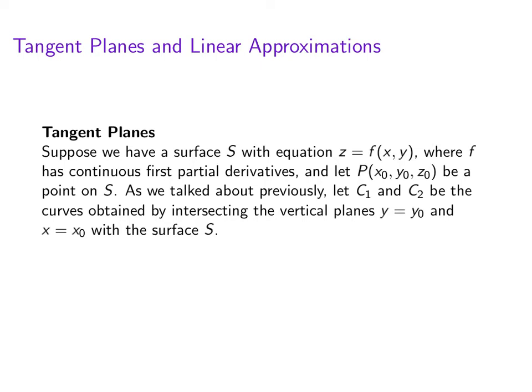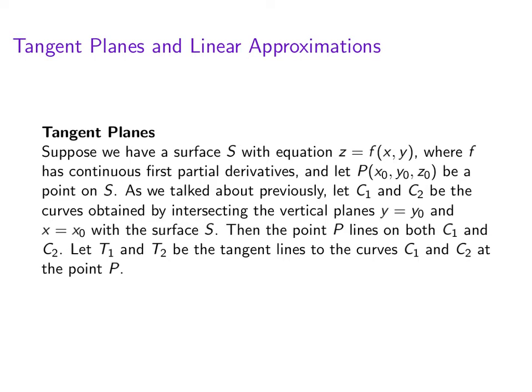Now we discussed previously letting C1 and C2 be curves that we get by intersecting the vertical planes y equals y0 and x equals x0 with the surface. We use this to discuss the notion of a partial derivative. So the point P that we're discussing lies on both C1 and C2.